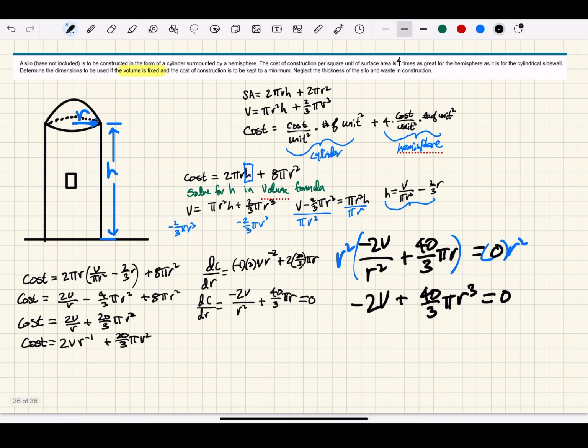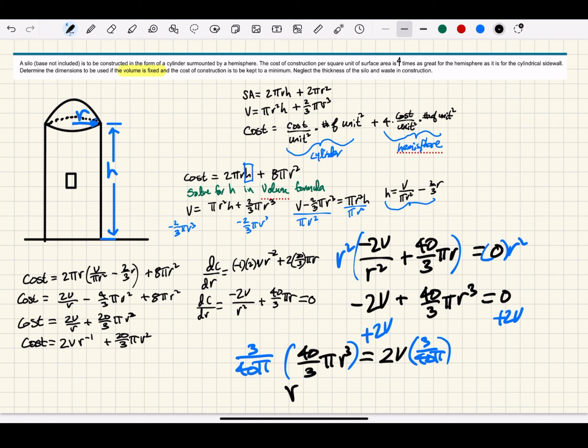Now we can add 2V to both sides, and we will have 40 thirds pi r cubed equal to 2V. Now multiply both sides by 3 over 40 pi, and we will wind up with r cubed equal to 3V over 20 pi.